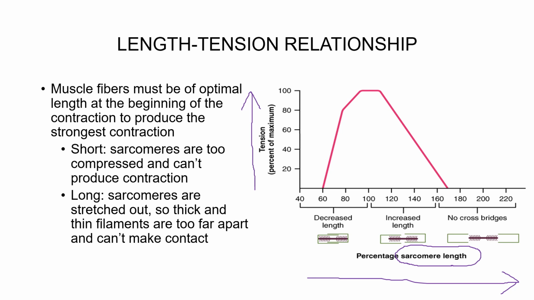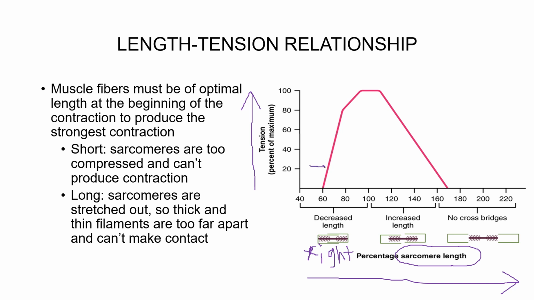So you can see that when we have decreased length, which means not a lot of stretching going on, this is very, very tight, let's say. So the muscles are tight, they're constricted, they're not very flexible. What you can see is we only have so much tension.